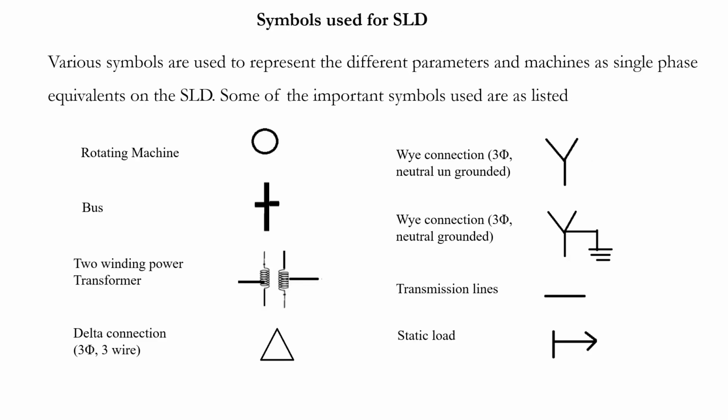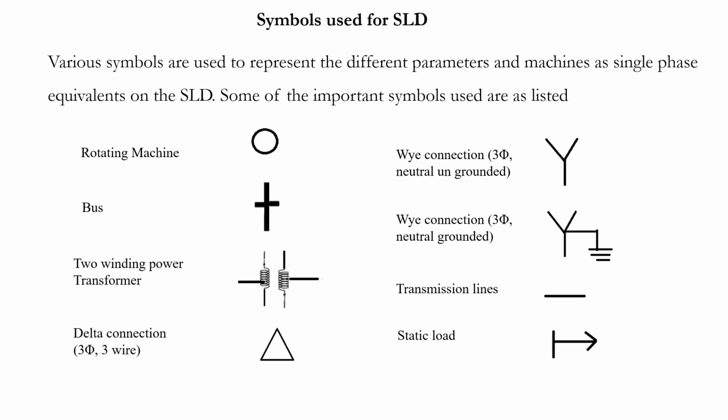These are the symbols which are frequently used. Now let us see the important symbols. The rotating machine is represented in the form of a circle, whereas the bus is represented in the shape of this one, and a two-winding transformer is represented by the primary and secondary. A delta connection, which is a three-phase, three-wire system, is shown in this symbol.